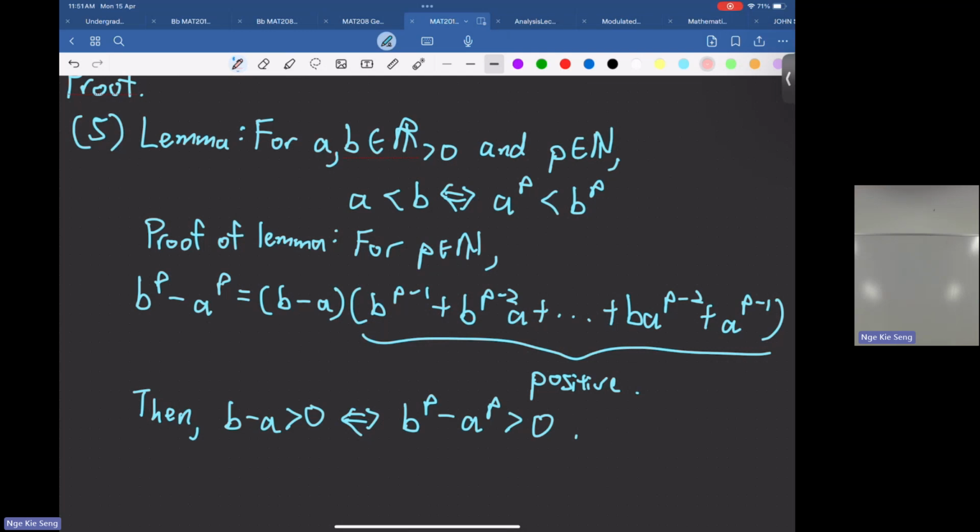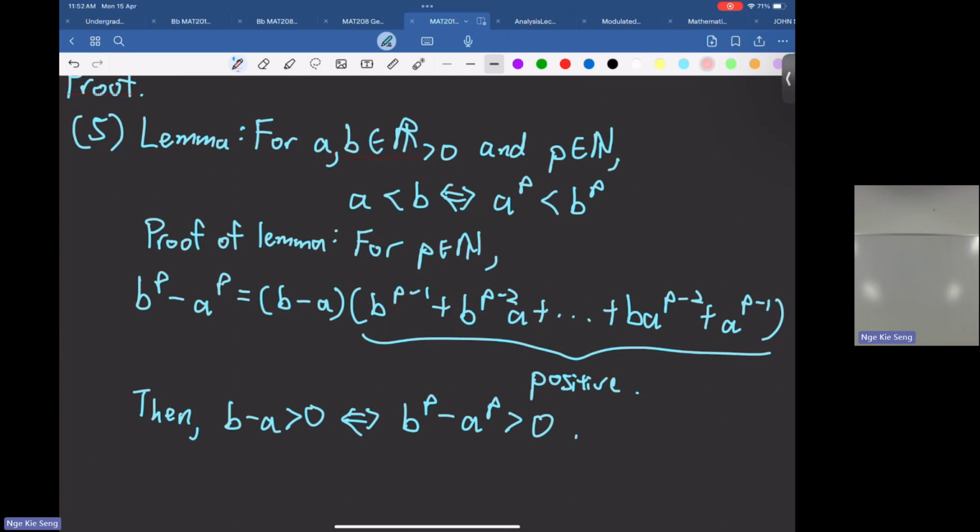But how about this guy here? What is this guy here? B is positive. A is positive. You are taking power of positive number. Still positive, right? You are adding positive number. Still positive. So this side here is always positive. Okay? So meaning what?